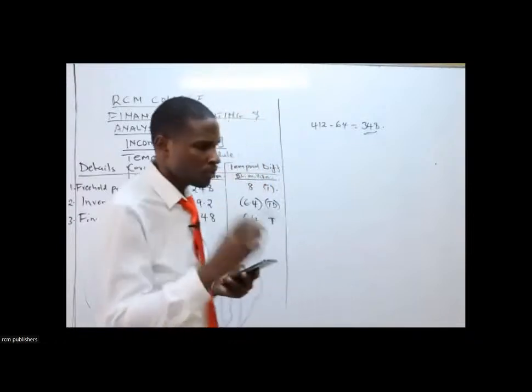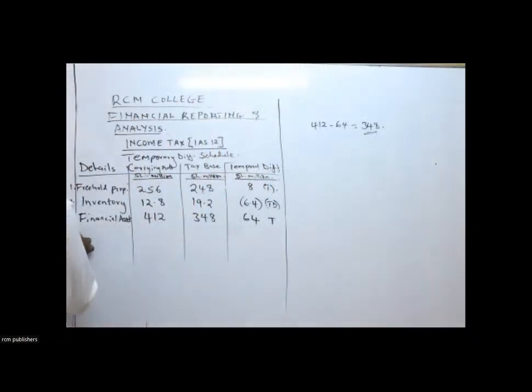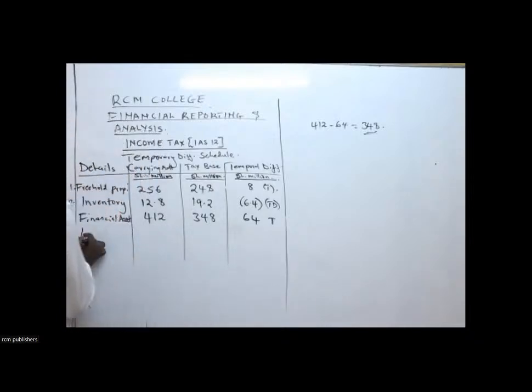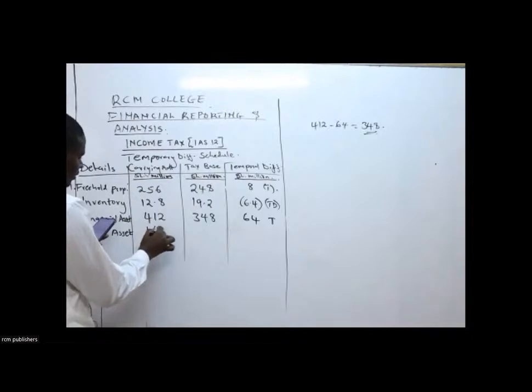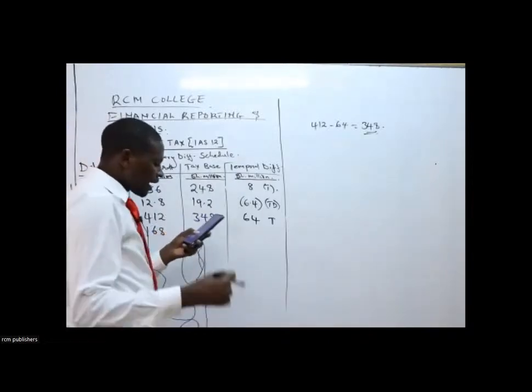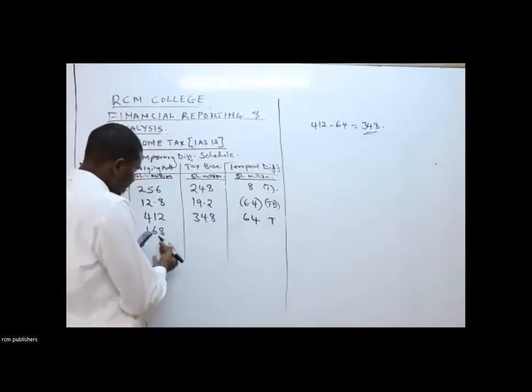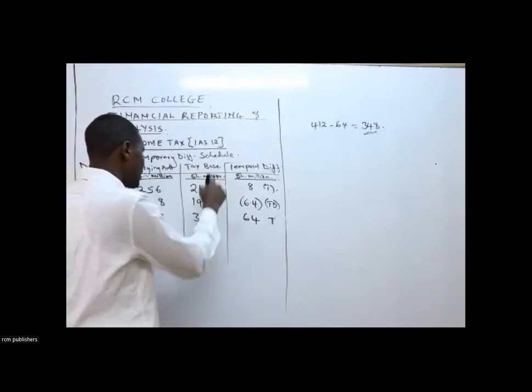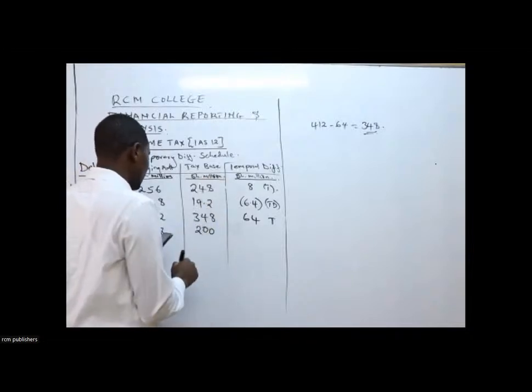For our case here, we are having a loan asset. So we have 168 as our carrying amount, and then we have 32 loss. So we have to add 32 here. So we shall be having 200 as our tax base.